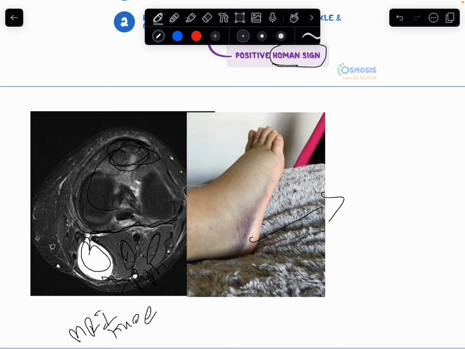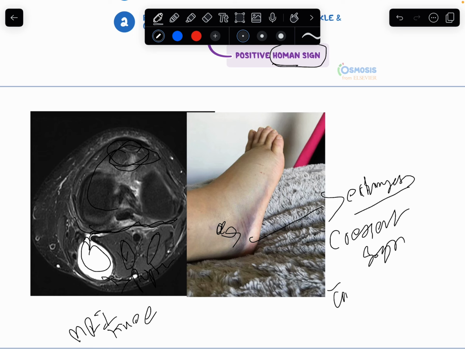And you can see the reddish discoloration in the foot region, just distal to the lateral malleolus. These are ecchymosis, also called the crescent sign, which is a complication of Baker's cyst.